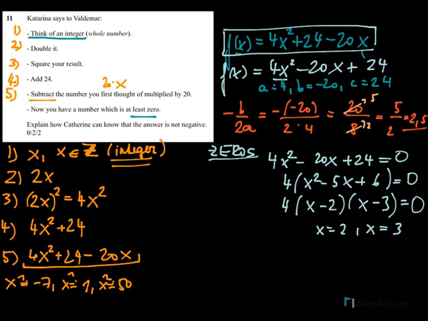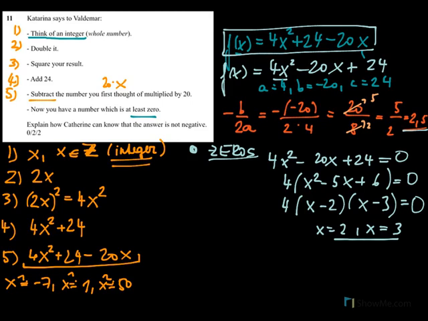And if we started with the zeros, the x-coordinate of the vertex sits in between 2 and 3, so it's 2.5. I just wanted to remind you of that formula because with optimization problems you can use this formula.